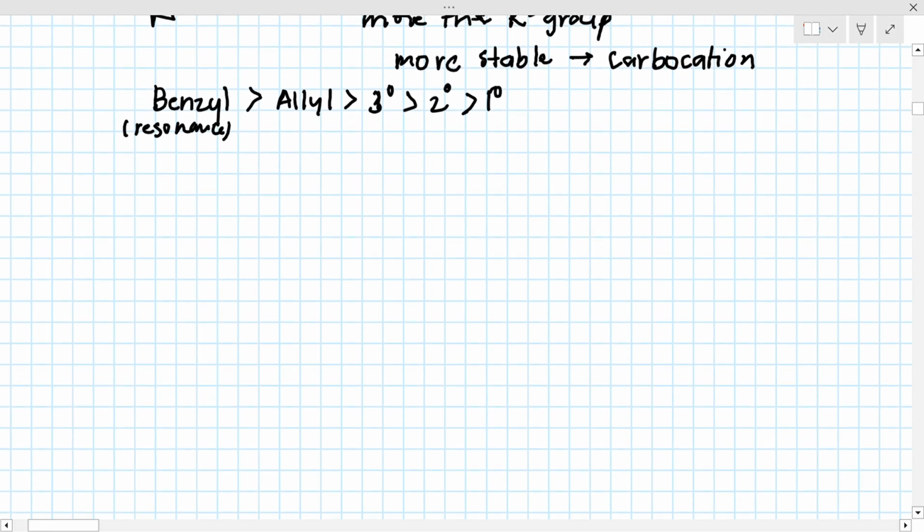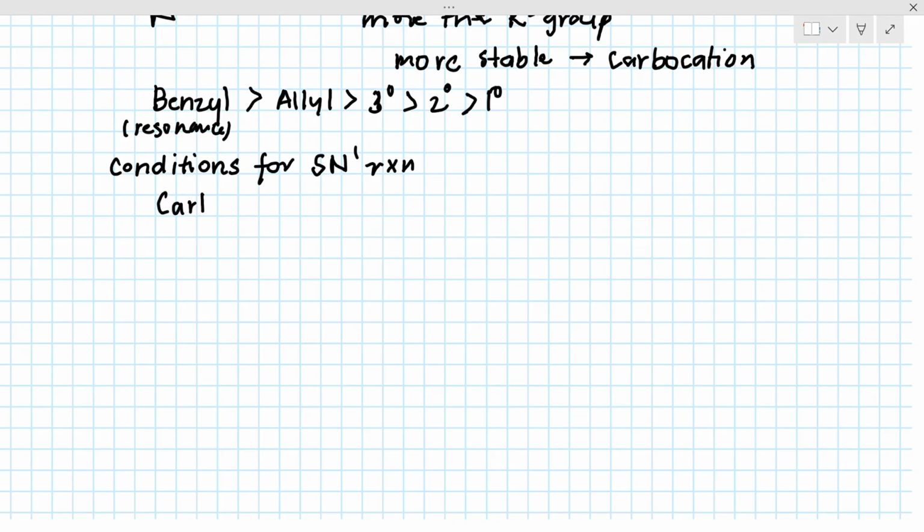Now, the conditions which we need for the SN1 reaction. What are the conditions we require? First, the carbocation should be stabilized.